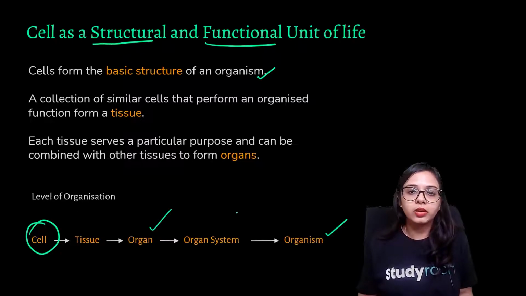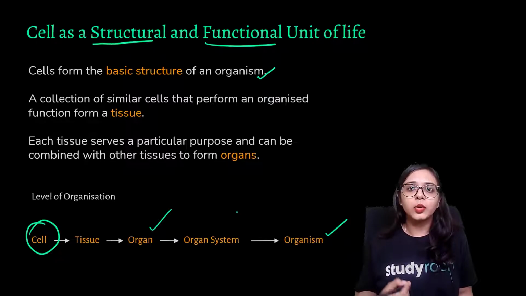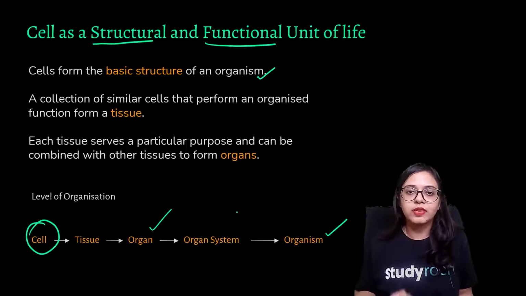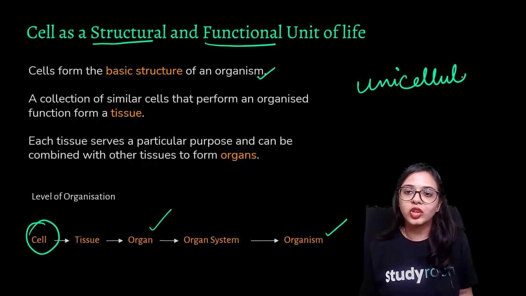So when a group of organs come and work together to perform some metabolic function, some bodily function that leads to survival, be it a person, be it an animal, be it a plant, be it even a unicellular organism. And by the way, a unicellular organism, by the name only, suggests that this organism is not made up of various organ systems or organs, or even tissue for that matter.